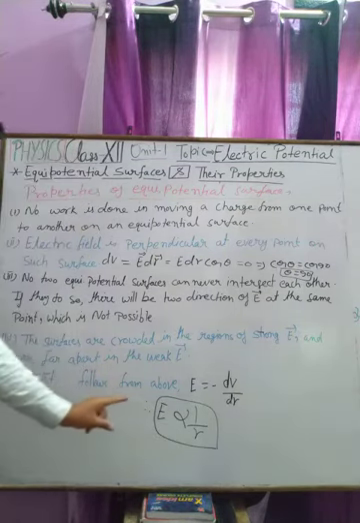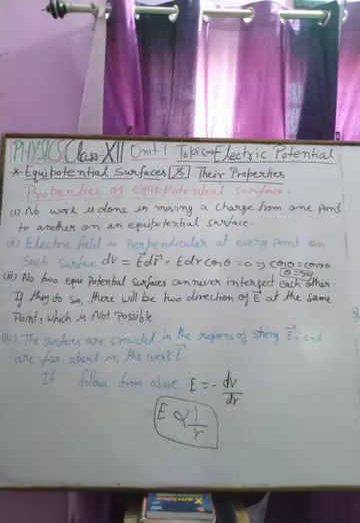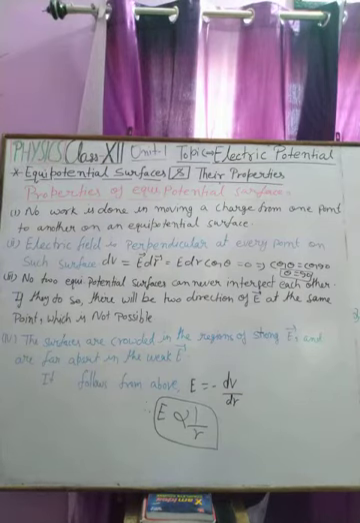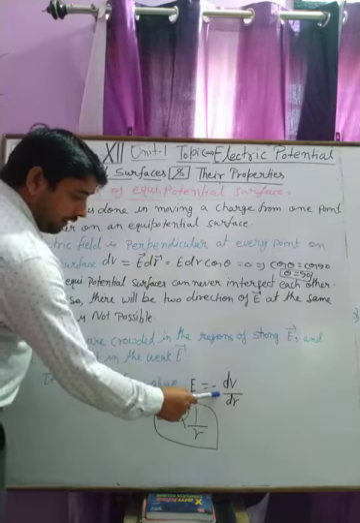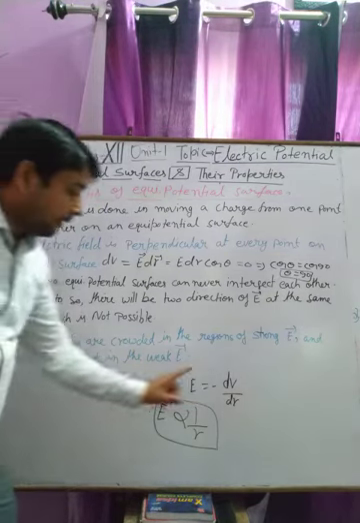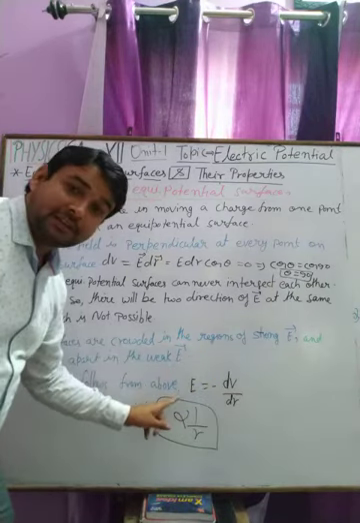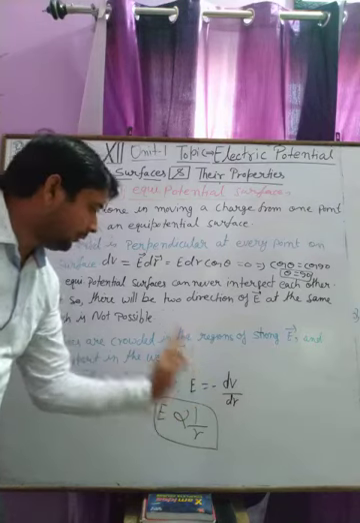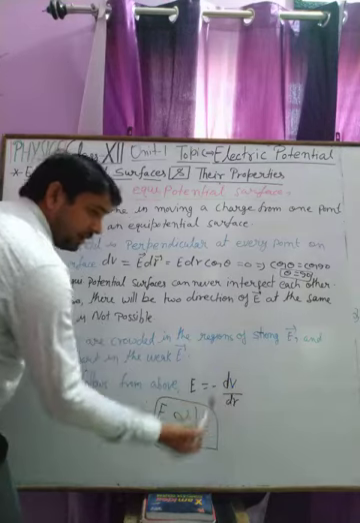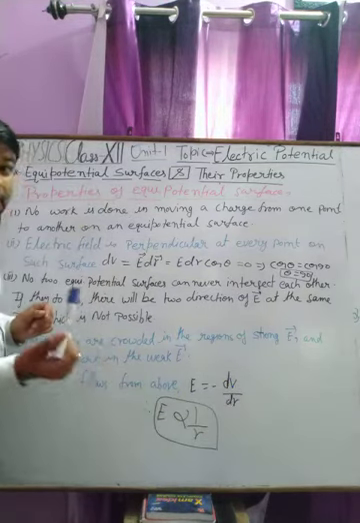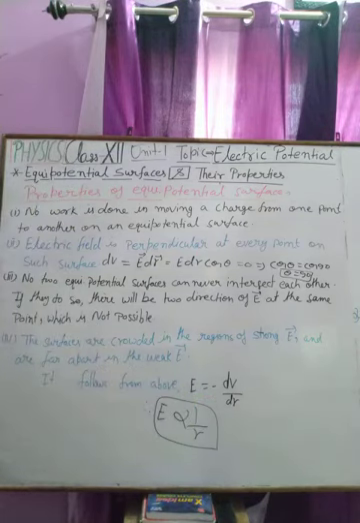As distance increases, electric field decreases. Now with this sign we understood. The electric field is the negative of the potential gradient, that is, if potential increases, the electric field decreases along the electric field lines of force. And if the potential decreases, the value of electric field will increase because of this negative sign. Thank you. Copy these.